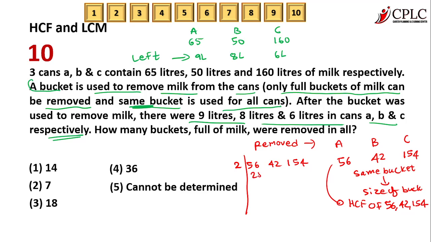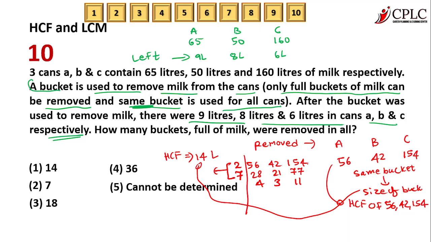Even numbers, so they are divisible by 2. Now 28, 21, 77 are all divisible by 7: 7 fours are 28, 7 threes are 21, 7 elevens are 77. Now there is no common factor left. So the HCF is 14, which means the size of the bucket is 14 liters.